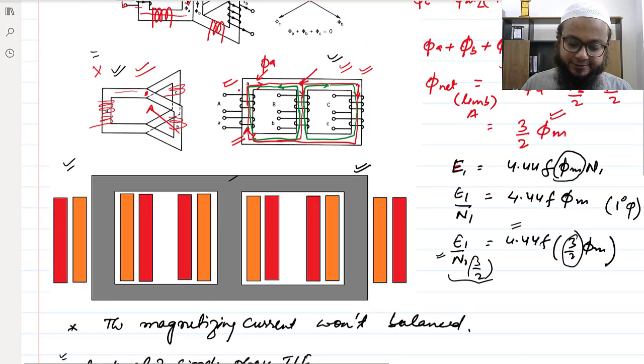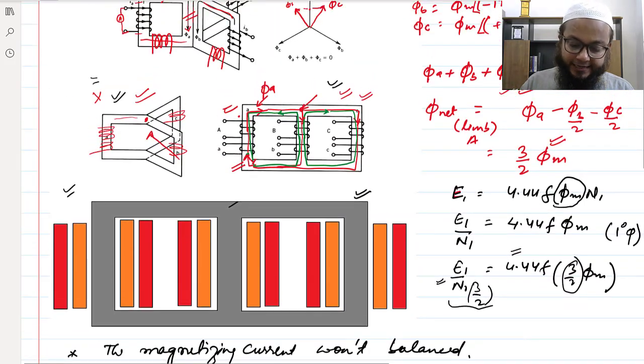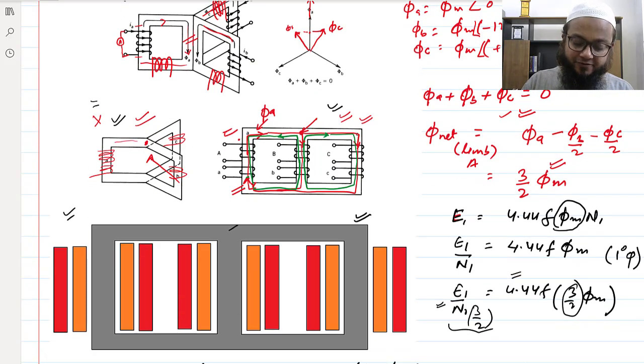So you can see that the primary winding and the secondary winding are wound on the same limb only.